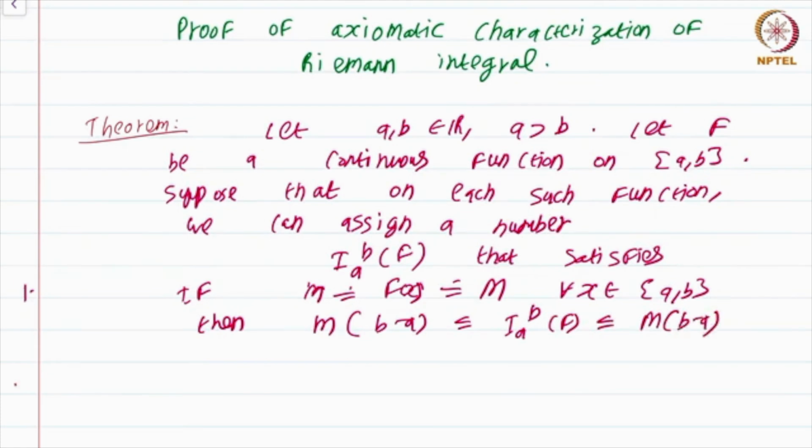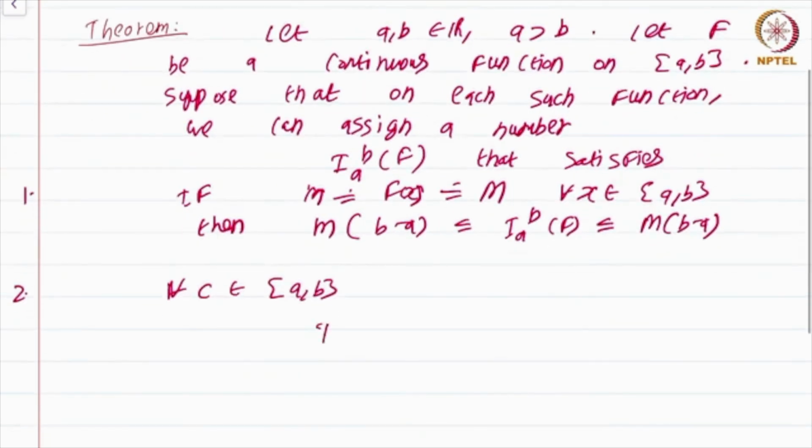And property 2 is, for all c in the closed interval [a,b], I_ab of f is nothing but I_ac of f plus I_cb of f.